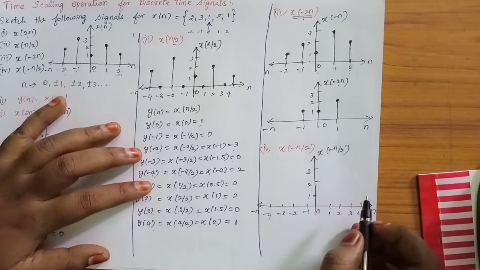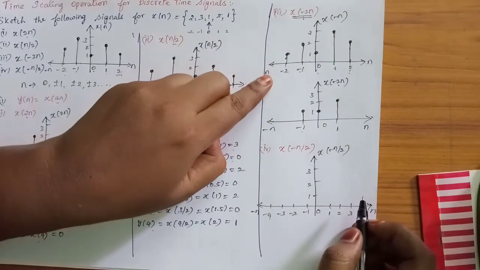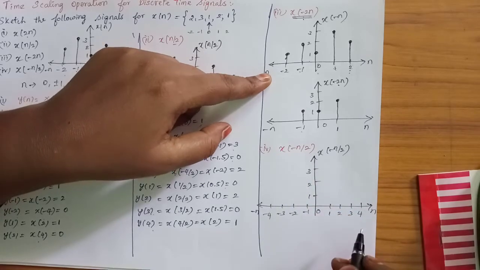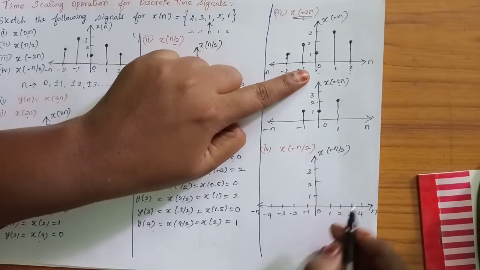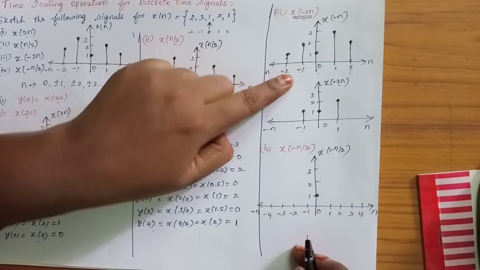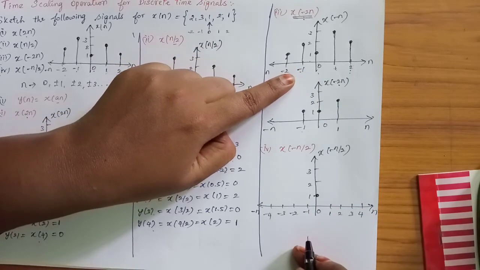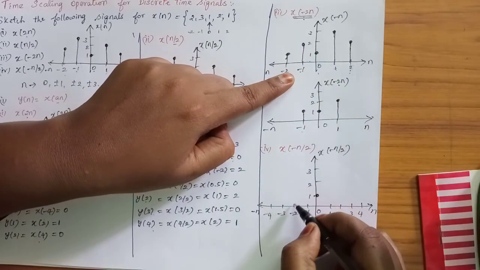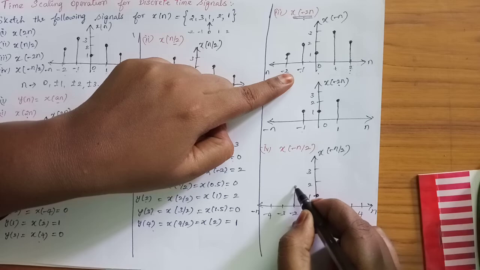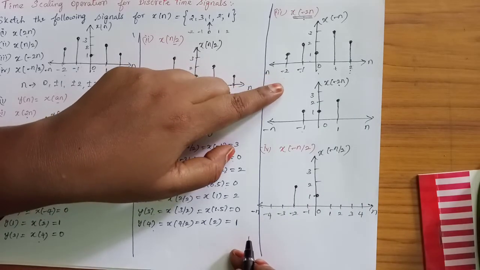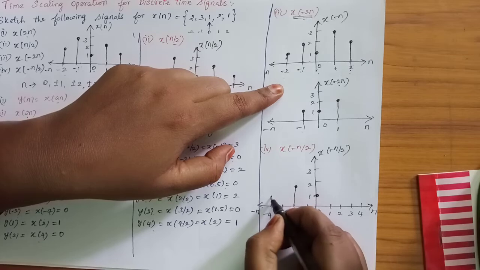Okay, so we have to refer to x of minus n for x of minus n by 2. If I multiply 0 by 2, it is 0 only, the same sample. If I multiply minus 1 into 2, we get minus 2, so this sample gets moved to the minus 2 position. At minus 2 its value is 2. Minus 2 into 2 is minus 4, so this sample gets moved to the minus 4 position.